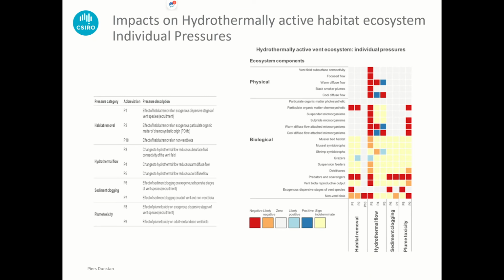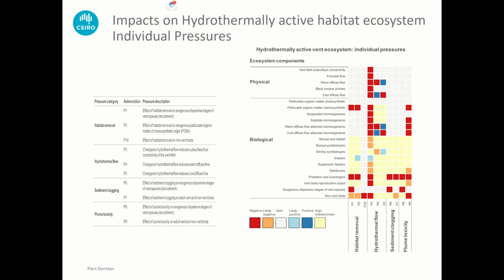For this ecosystem, we looked at 10 different potential pressures that would come in and affect a hydrothermally active vent system. There's an important caveat here: one of the very clear assumptions that we made at the beginning was that if a particular vent is mined, that would completely remove that vent.